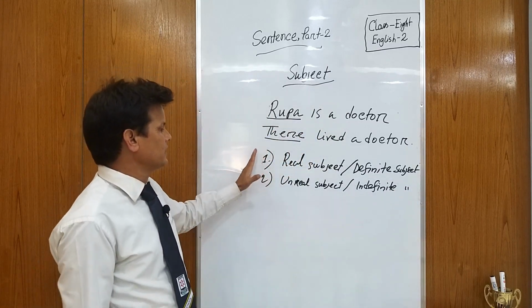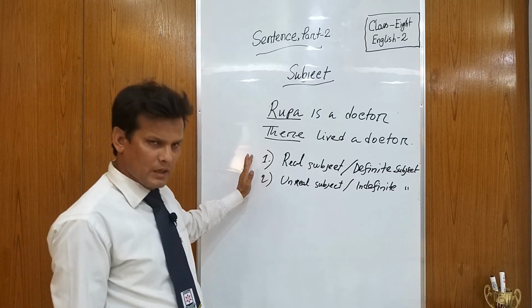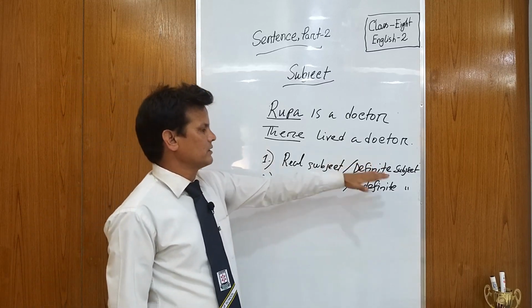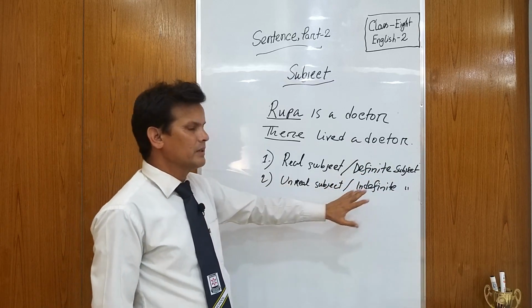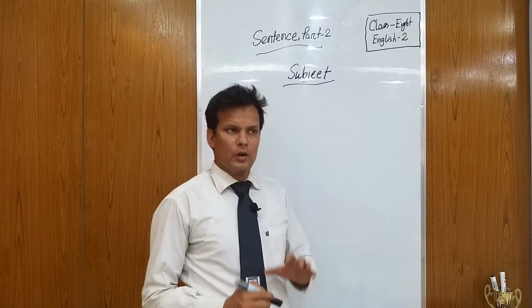So we have got here two types of subject: real subject or definite subject, and unreal subject or indefinite subject.